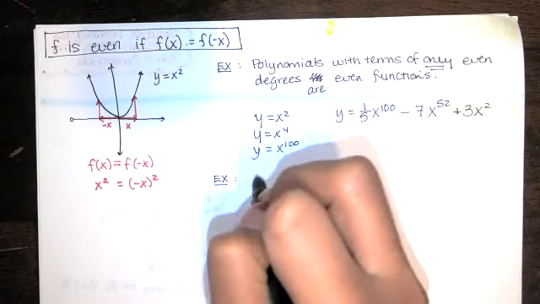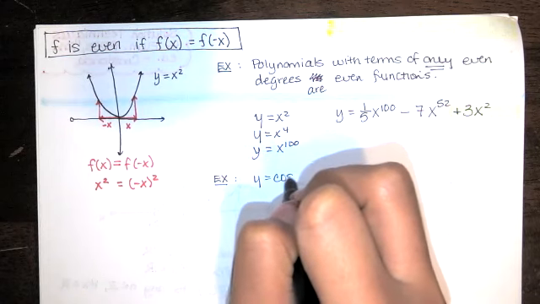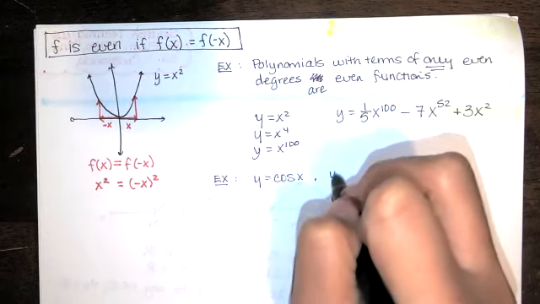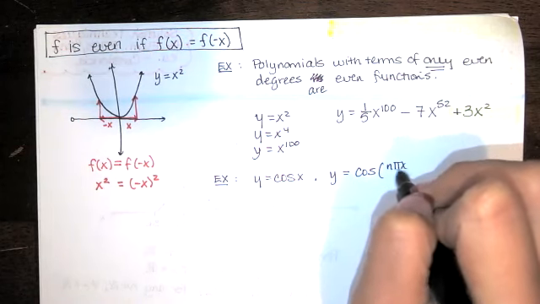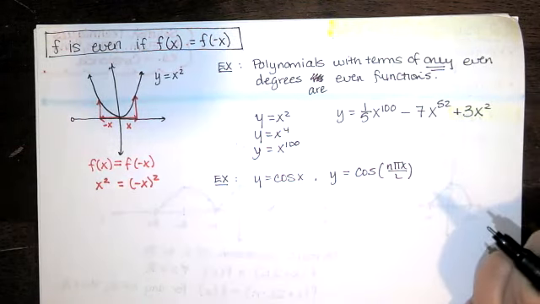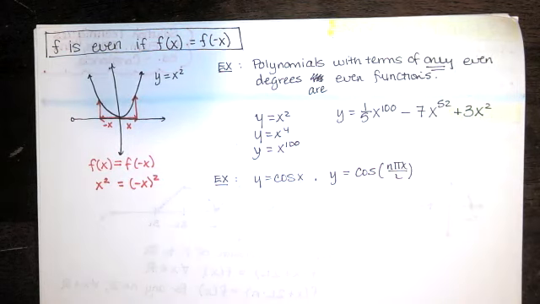Other examples: cosine. y equals cosine of x, and the case that we're looking at for our Fourier series, cosine of n pi x over L, is also even.